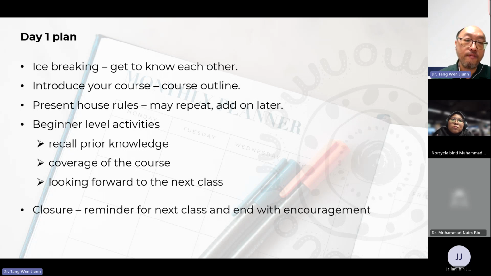And for the beginner level activities, if you are doing questions and answers or competitions, those questions cannot be too difficult until they get mostly wrong. It should be something that they can score easily, so that it will build the confidence.